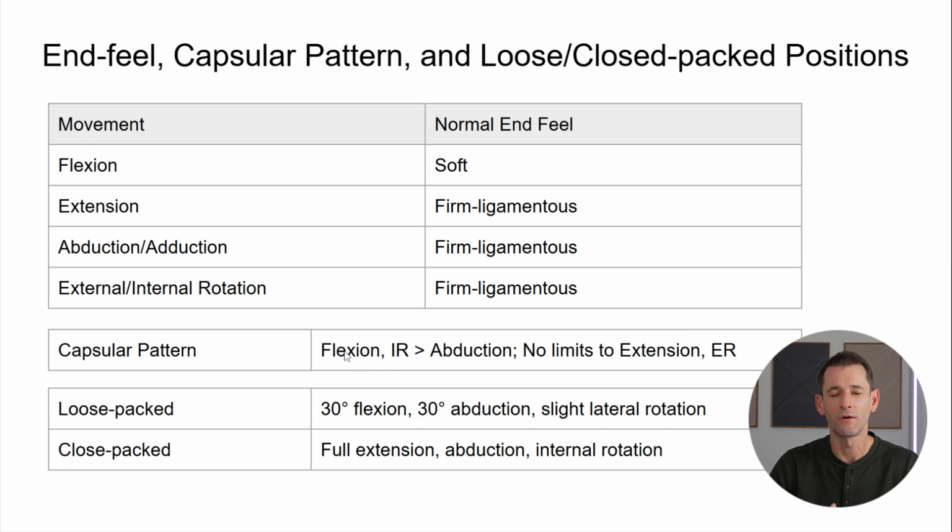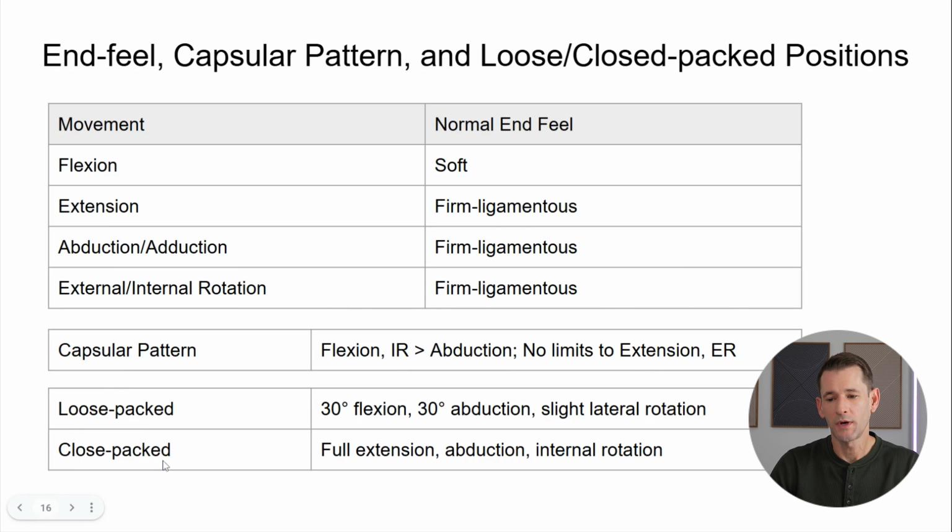So they'll be the furthest away from normal, followed by abduction, which should have a moderate amount of motion loss. You should not see any significant loss in external rotation or extension. So again, capsular pattern is the pattern of motion loss when the capsule is involved. Flexion and internal rotation greater than abduction with no limits of extension and external rotation.